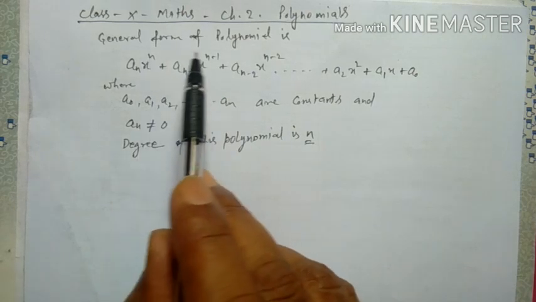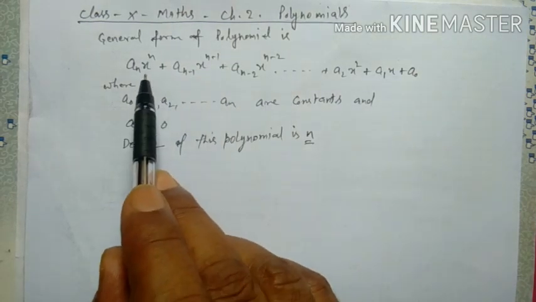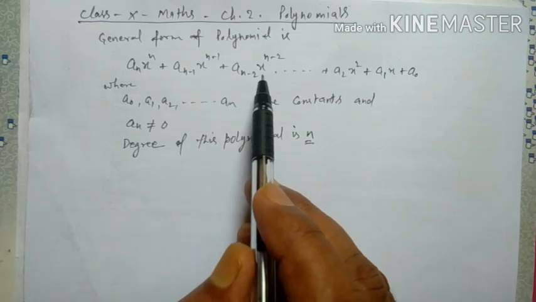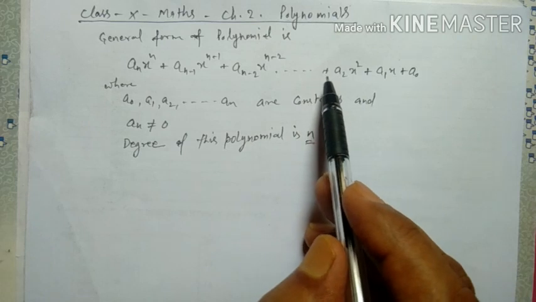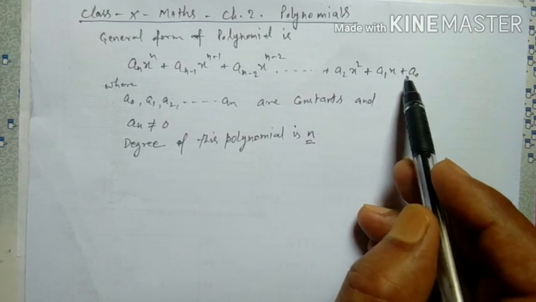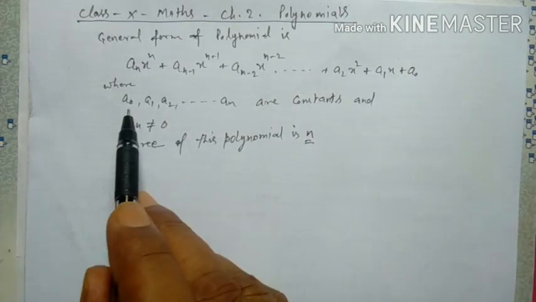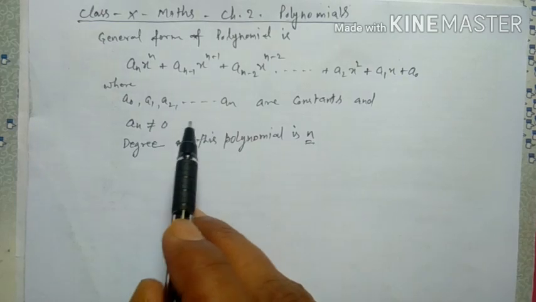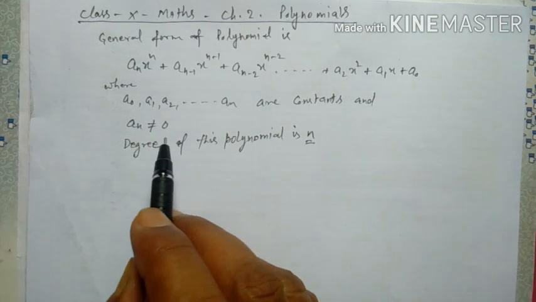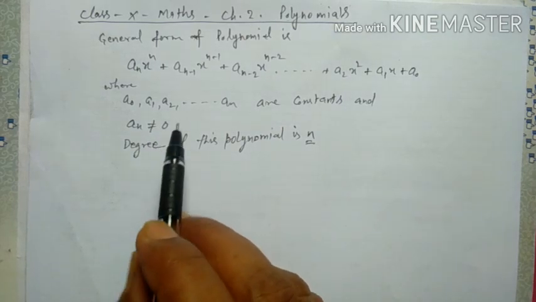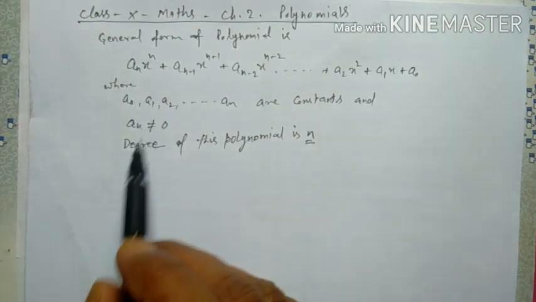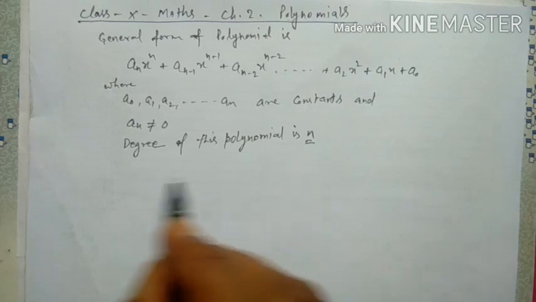The general form of a polynomial is a_n x^n + a_(n-1) x^(n-1) + a_(n-2) x^(n-2) + ... + a_2 x^2 + a_1 x^1 + a_0 x^0, where a_0, a_1, a_2, ... a_n are called constants and a_n is not equal to 0. The highest power of this polynomial is n, so the degree of this polynomial is n.